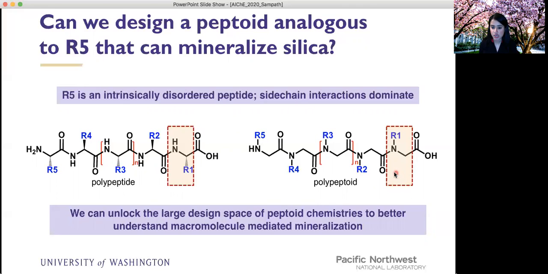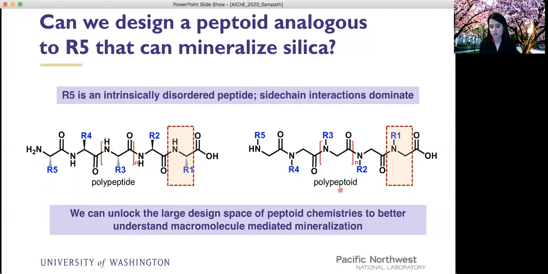As the side chain in a peptoid is attached to the backbone nitrogen atom, instead of the alpha carbon atom as in the case of peptides, assembly through backbone hydrogen bonds is eliminated, leading to interactions only through the side chains, which in turn can be rigorously tuned and controlled.